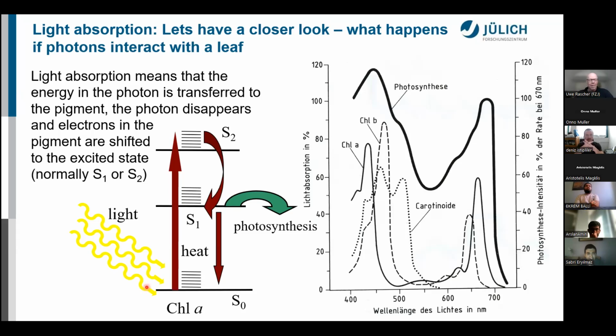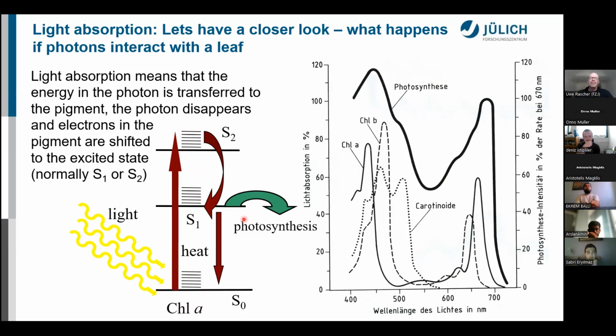The photon, by this process, totally disappears, and the energy is transferred to the pigment. The pigment is then shifted to a higher energy-rich state, often called S1, S2, sometimes also S3, S4 for singlet state. So the energy of the photons is fully transferred to the pigment of the plant.